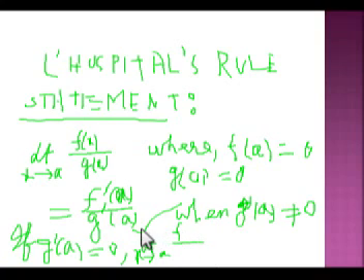Here you will not put x equal to a, because now the first derivative of g(x) at the point a is equal to 0, so you will not put x equal to a.